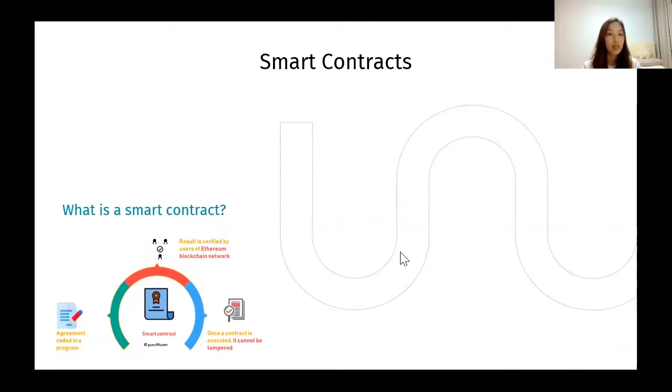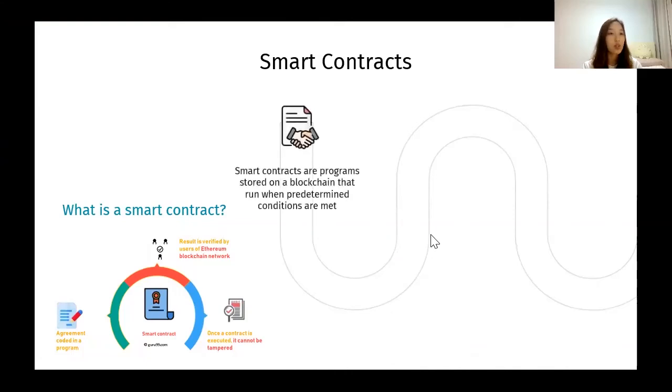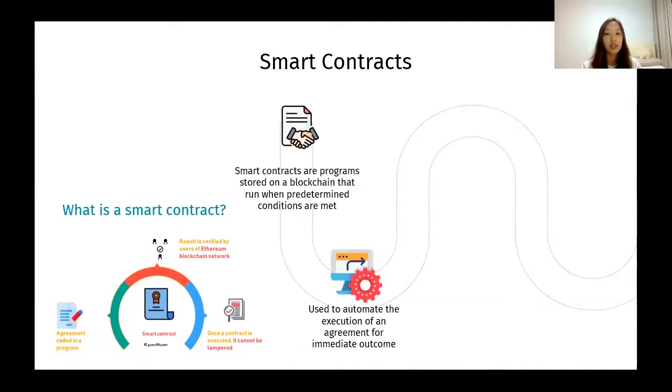So what is a smart contract then? So smart contracts are simply programs stored on a blockchain that run when predetermined conditions are met. They typically are used to automate the execution of an agreement so that all participants can immediately be certain of the outcome without any intermediaries' involvement or time loss.